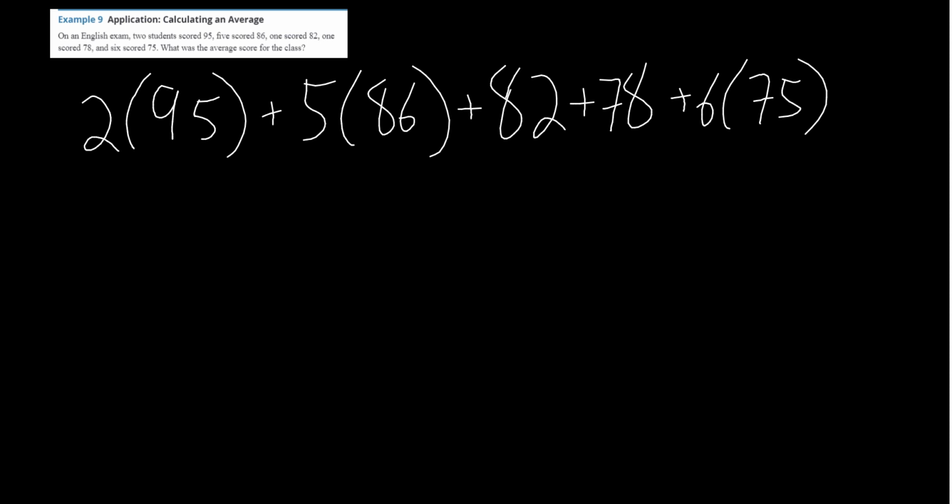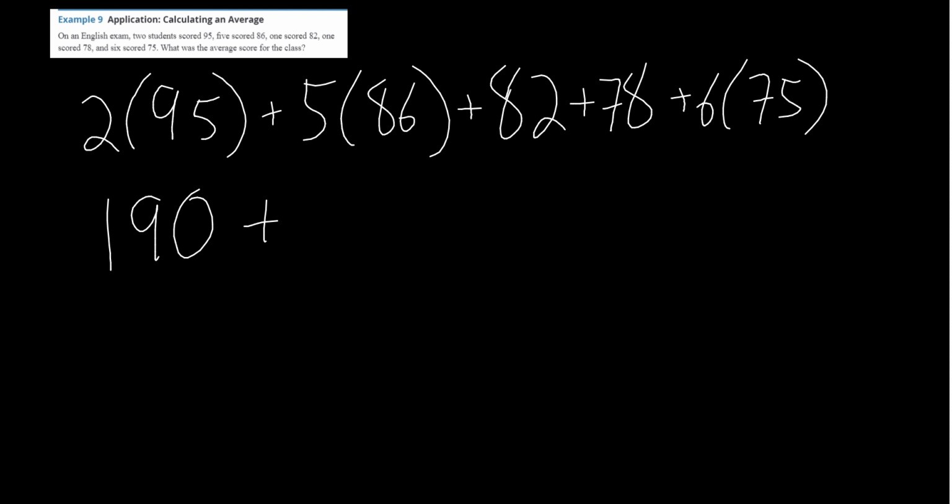So I'm just going to do the arithmetic here, right? So 2 times 95 is 190. So 190 plus 5 times 86.